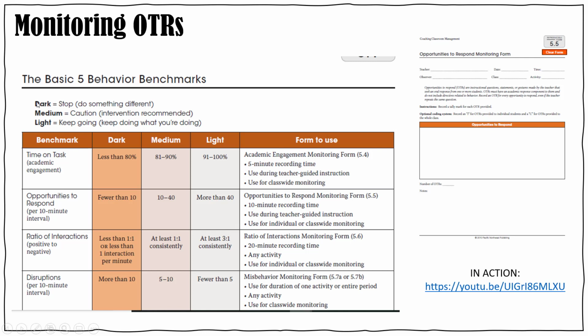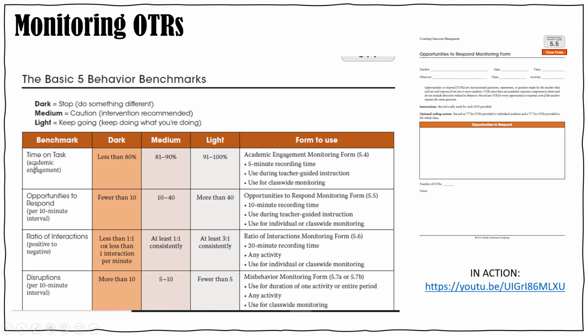And then you can look at them in like a dark, a medium, and a light kind of category. And if they're in a dark category after you measure them, then you need to stop and do something different. If they're in a medium, then just kind of caution it. They might recommend intervention. And if you're in the light area, keep going. You're doing a great job.